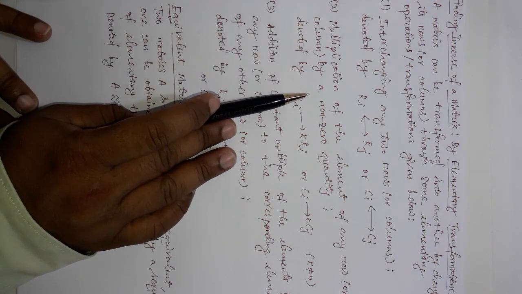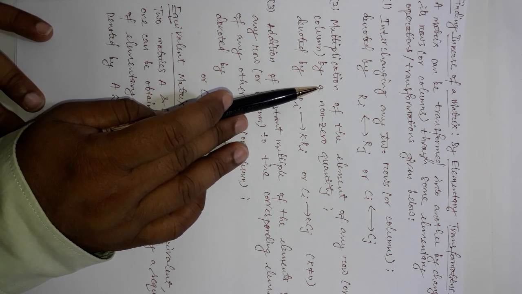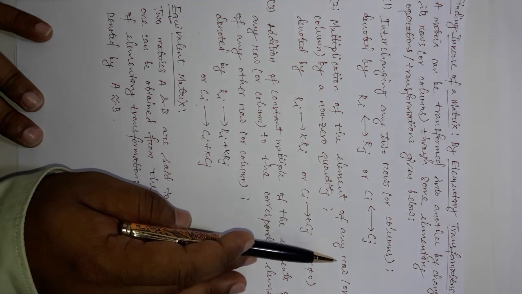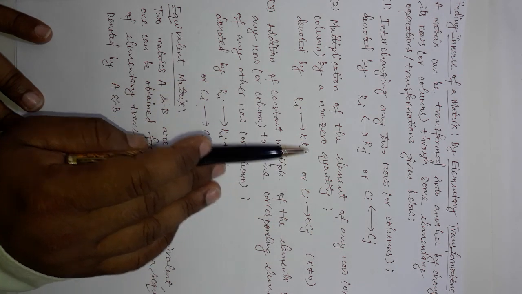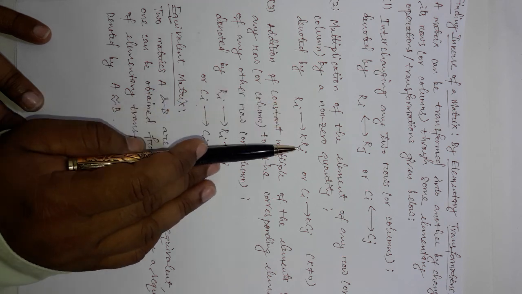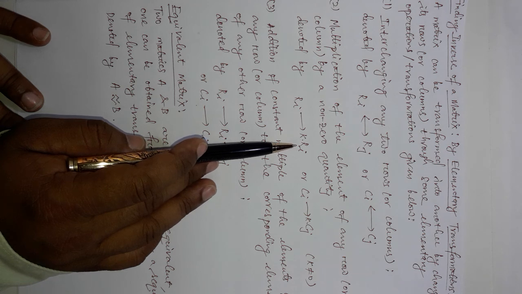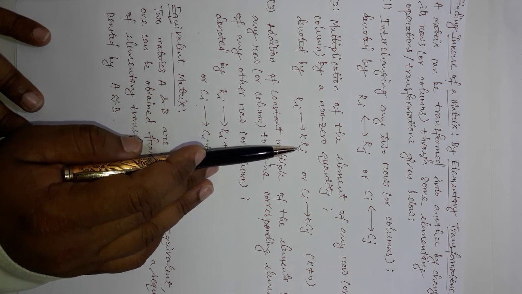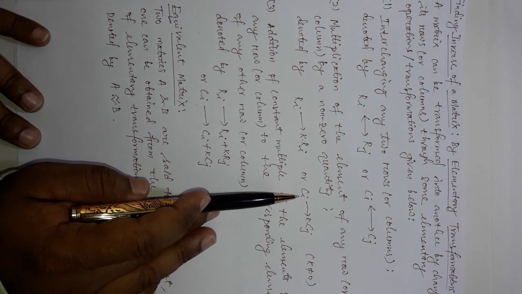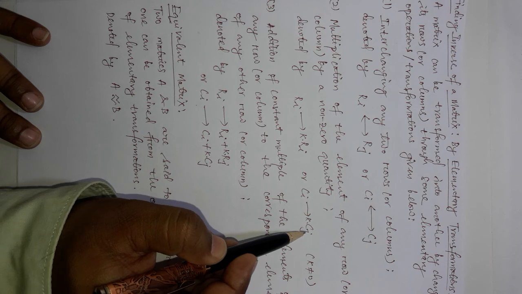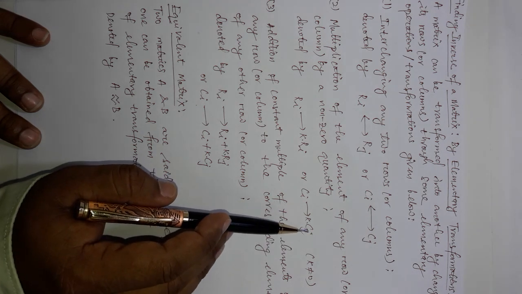Now, the second elementary transformation is multiplication of the elements of any row or column by a non-zero quantity. We can replace a row with the scalar multiple of the elements of that row, and the same thing for a column. We can change the elements of a particular column by multiplying a scalar with that column.